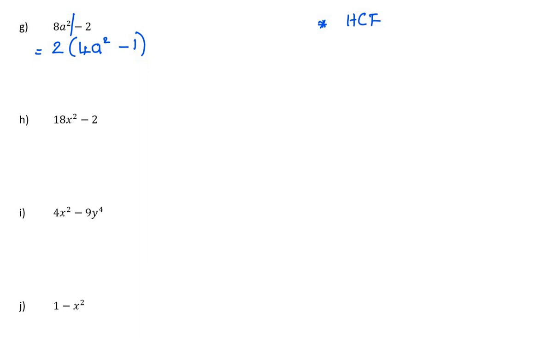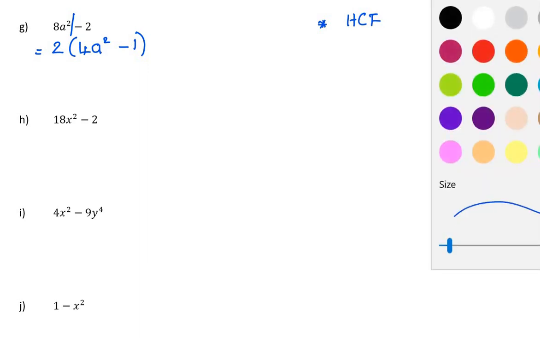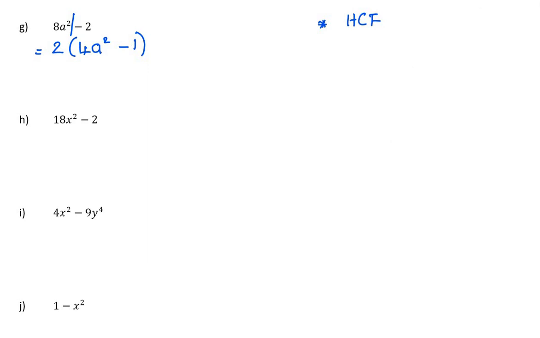Okay, now this is an added thing that we always have to check now, which is new to us. Once we've checked for our highest common factor, we now have to also check for a difference of 2 squares. Now that I've taken out that highest common factor, in the previous lessons that would just be the end of the question, but now we know something more. Once we've taken out the highest common factor, do we see a difference of 2 squares?